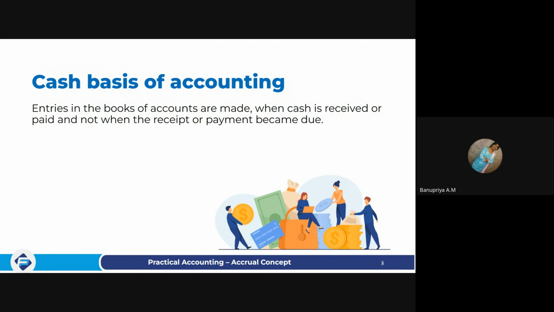Am I right? So that is what a cash basis is. There won't be any due dates or end date to pay that amount. Immediate payment. You can see that entries in the books of accounts are made when the cash is received or paid, and not when the receipt or payment becomes due. So we won't be waiting for the due date, we will be paying immediately. So that is the cash basis.